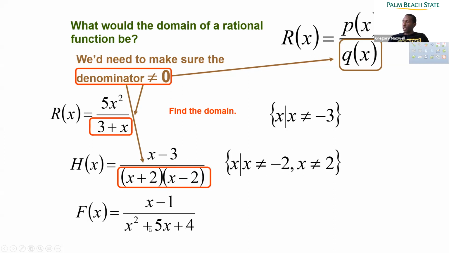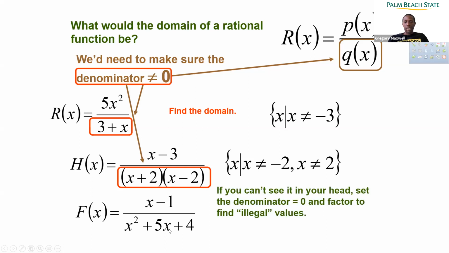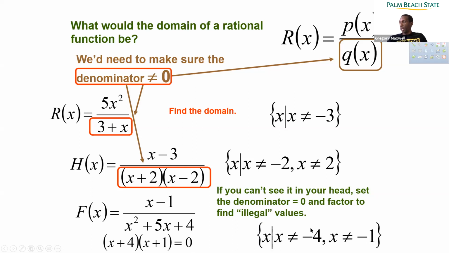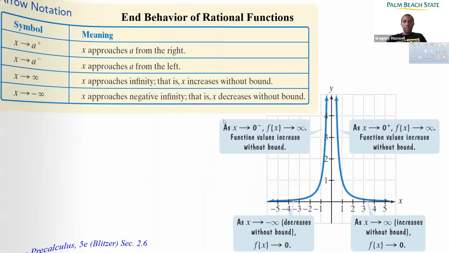To find the domain of this third example, you'll have to factor it or set the denominator equal to 0 and solve for x. And of course, if you get complex number solutions, then all real numbers work. There's more detail in this one if you watch the video on Blackboard.